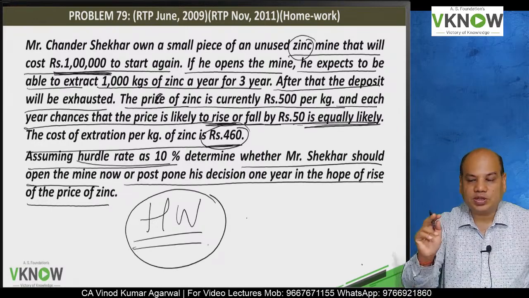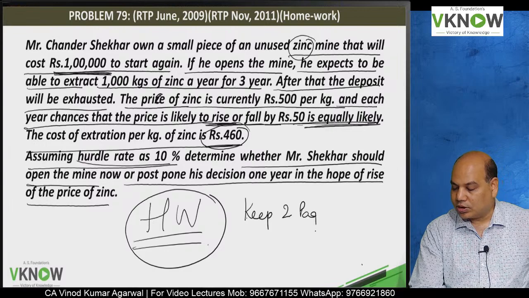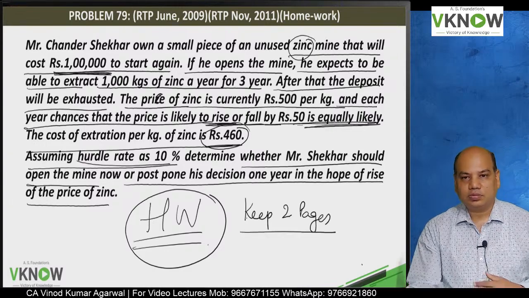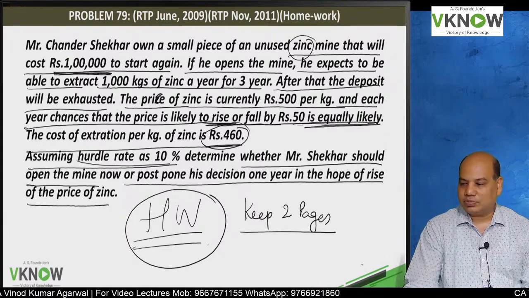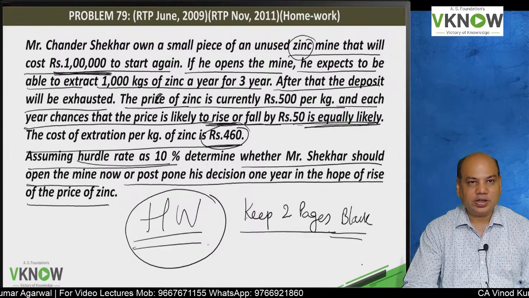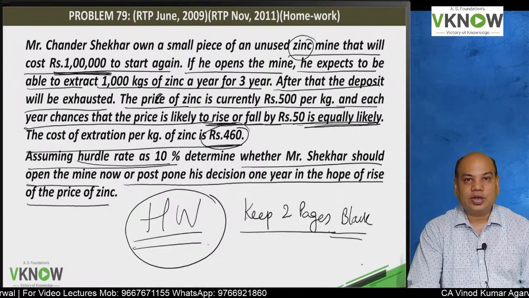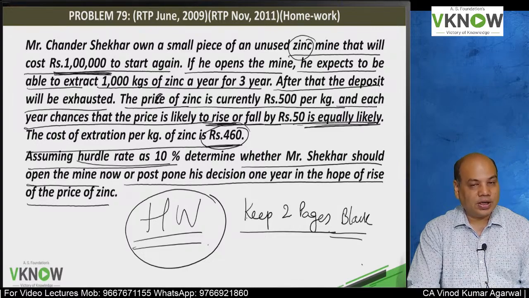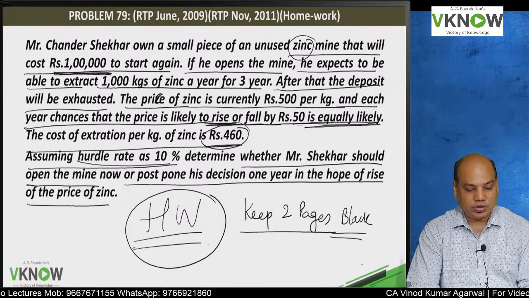Okay. Keep 2 pages blank in your notebook. Institute can simplify the question by not asking you the abandonment option. Keep 2 pages blank. Write there question number 79 homework. Must do. Without reading any booklet answer or our answer, you try on your own and see if you have understood.